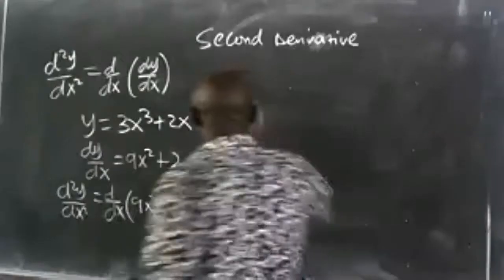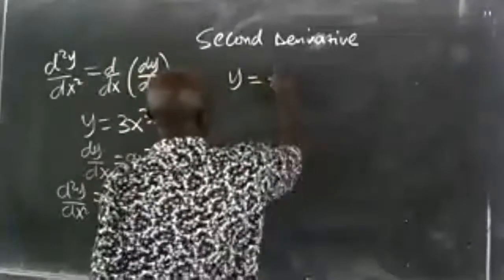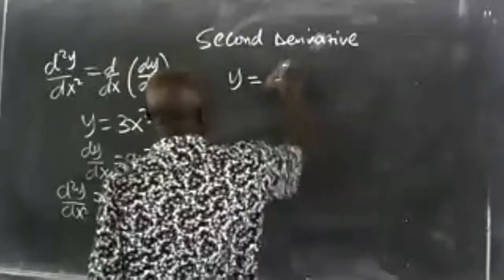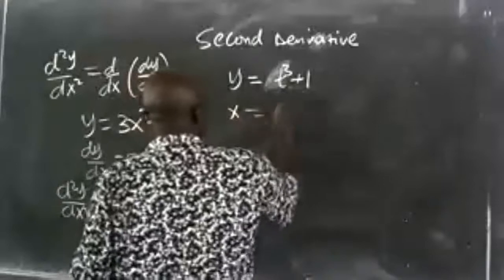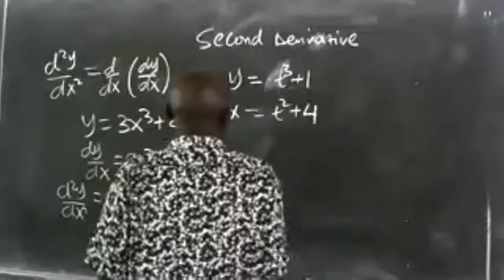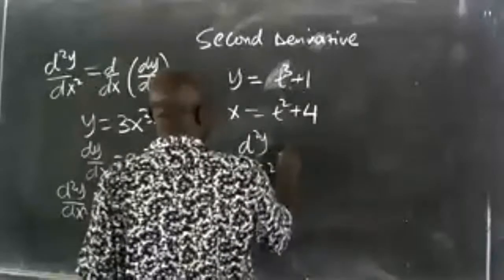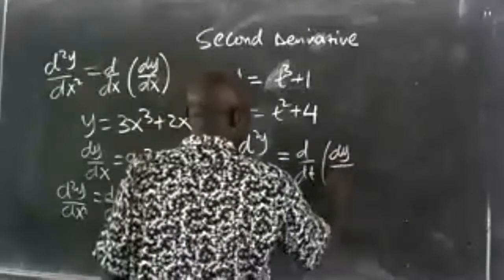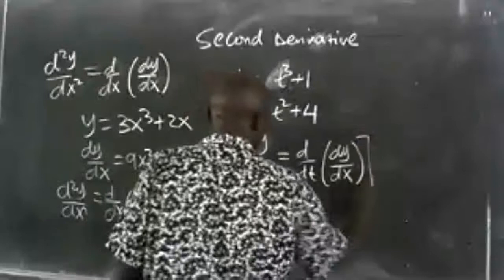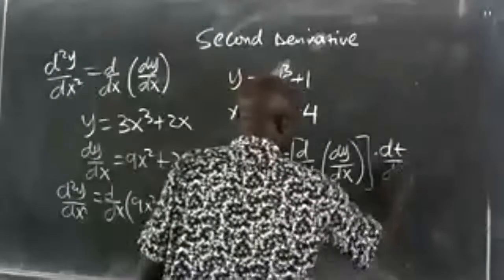However, if my y is in terms of t, for example, y equals t cubed plus 1, and my x is 2t squared plus 4, and I want to find d squared y over dx squared. This one now will be d dt times dy dx, but I have to multiply my answer with dt dx.